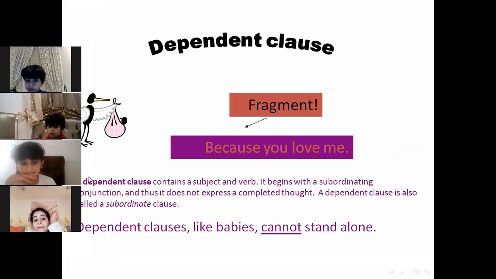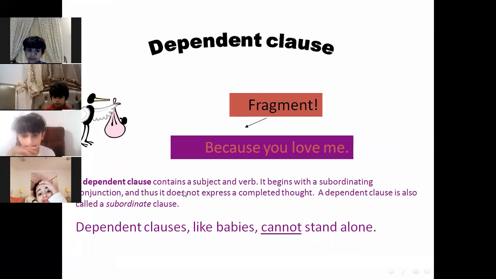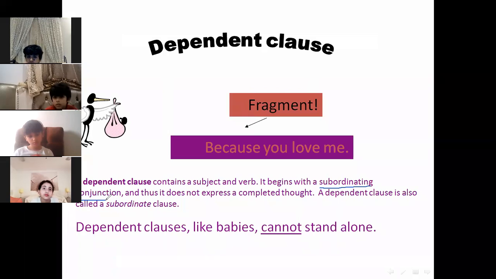It cannot stand alone. So the dependent clause contains a subject and verb, but it begins with what? It begins with a subordinating conjunction. What is a subordinating conjunction? Like because, like after, like while, like if. We call them subordinating conjunctions.